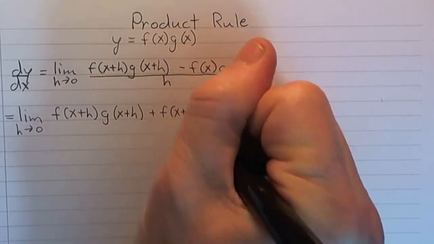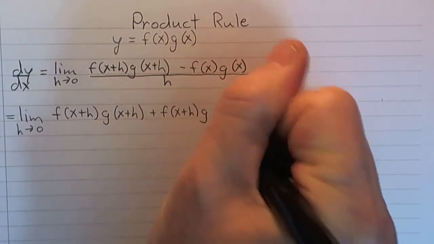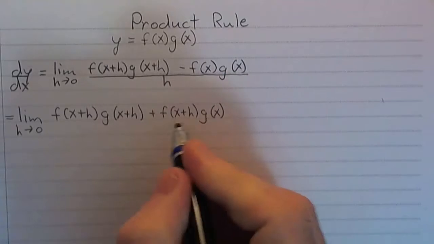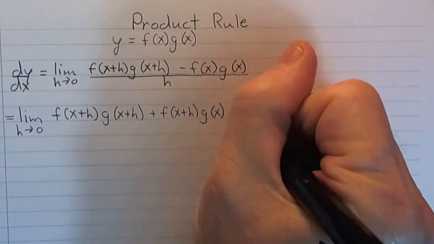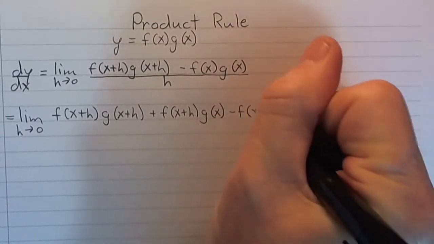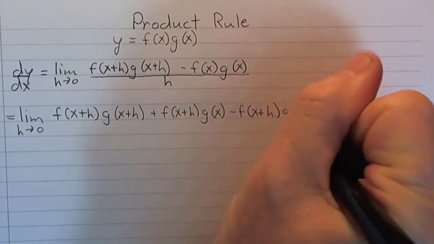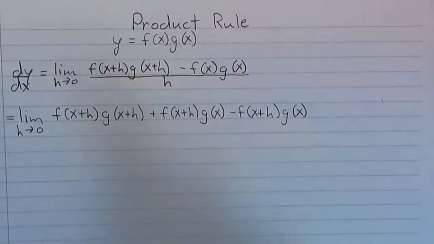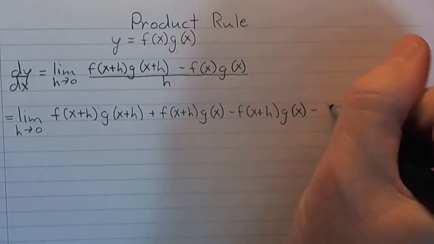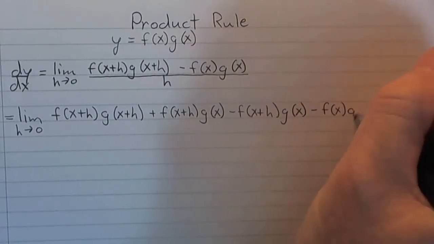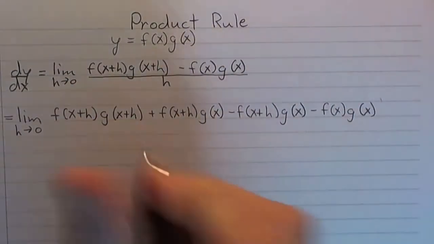So I'm going to add f of x plus h times g of x. See, I added that, and then I'll subtract it off. So really, it's like I've done nothing. And then I subtract off the f of x, g of x, just like before. Okay?